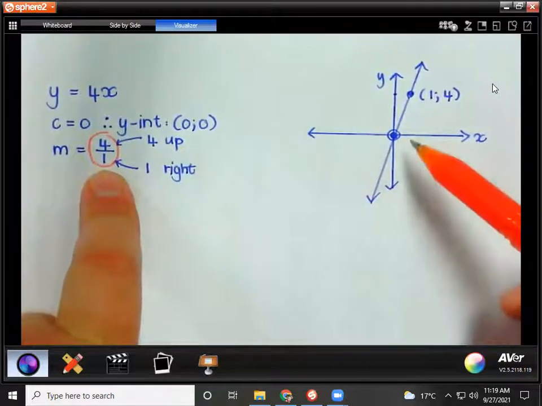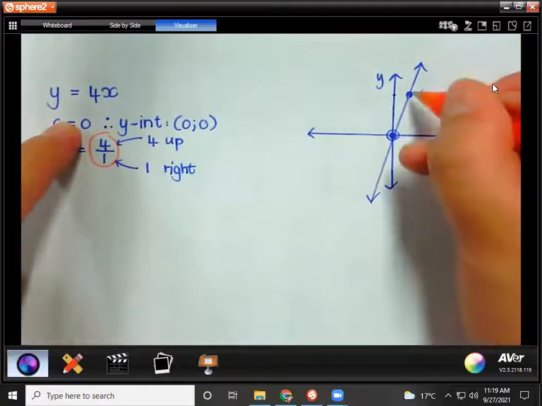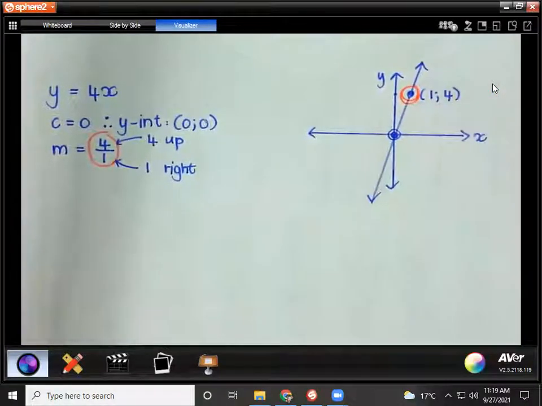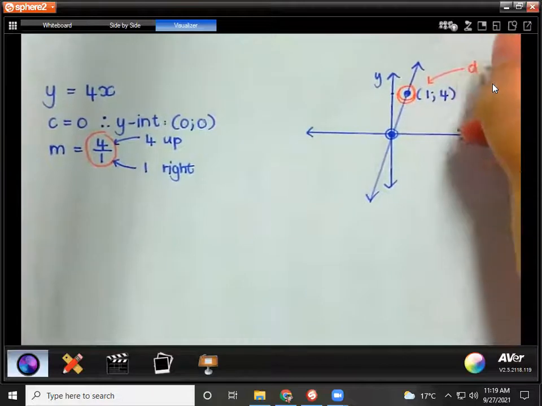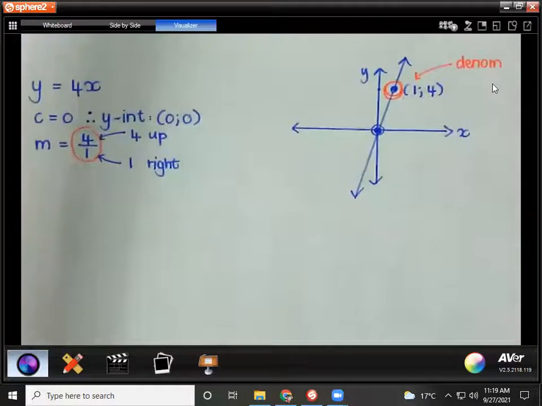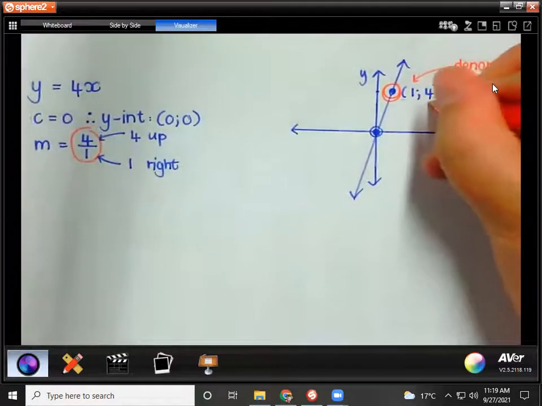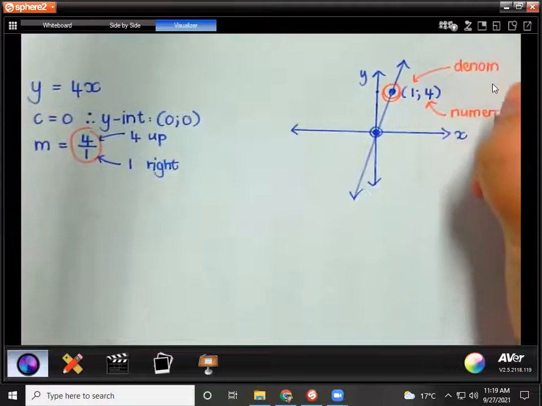And you're moving 4 up, that will get you your y value. That's the number at the top. Okay, so this point that you get will always be the denominator, then the numerator. This one is the denominator of the gradient, your x value. And this one will always be the numerator of your gradient.